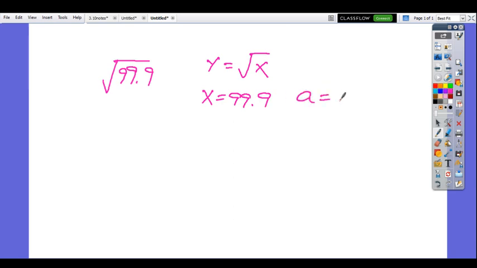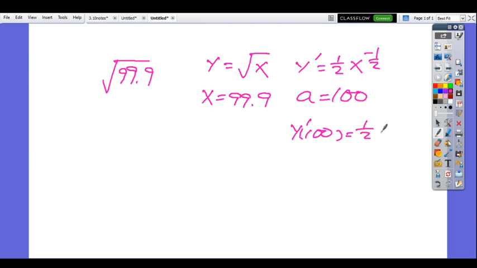And then for a, I'm sure you guys want to pick 100, because the square root of 100 is a perfect number, 10. So let's find the derivative of y. So y prime would be equal to 1/2 x to the power of negative 1/2. Okay, so now let's find out f prime of a. So f prime of 100.